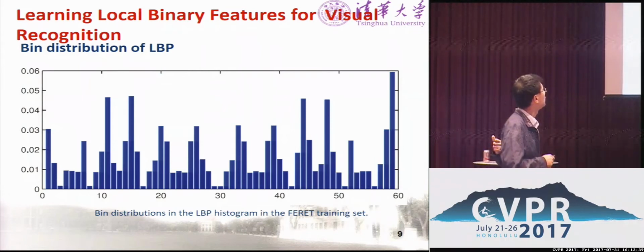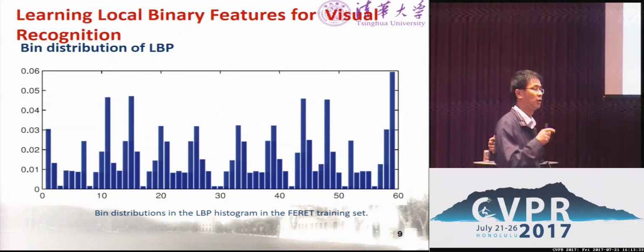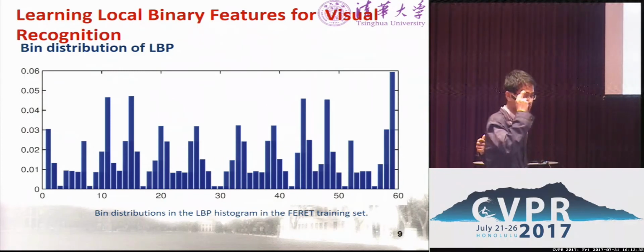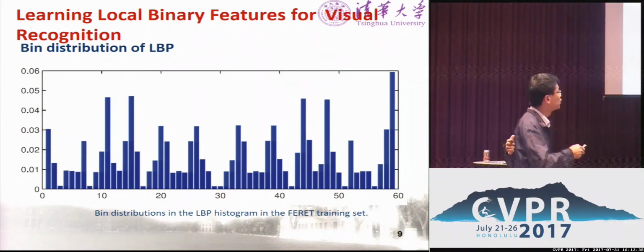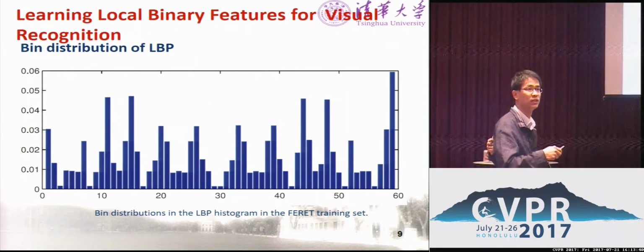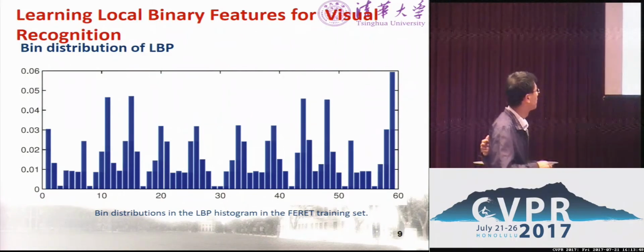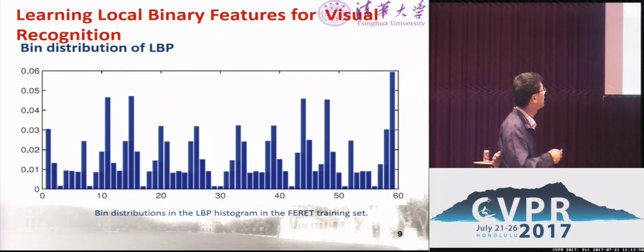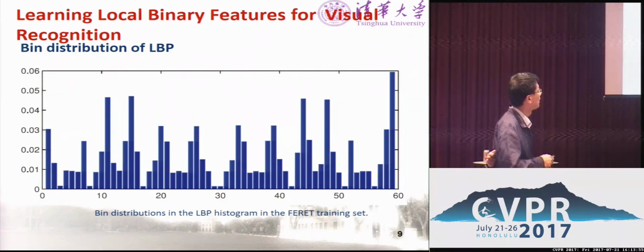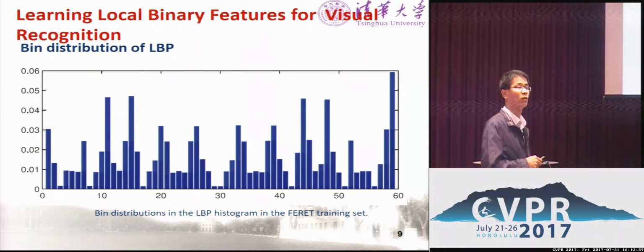In the training set of the FERET dataset, it contains 1,002 images. We can compute the binary stream for each patch within the dataset, and then we can find some bins. The occurrence of these bins is usually uneven. For example, many bins have more elements or more occurrences, but some bins have very few.